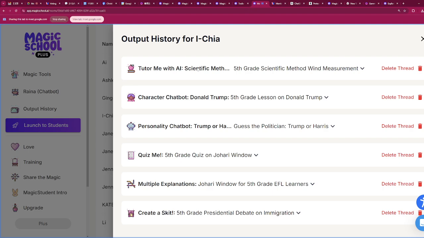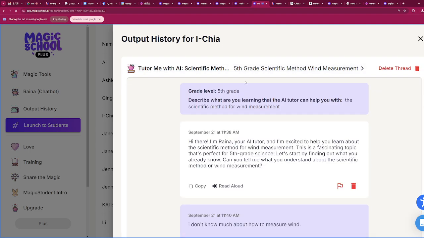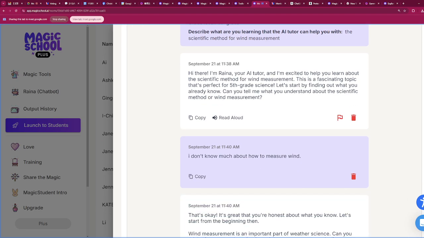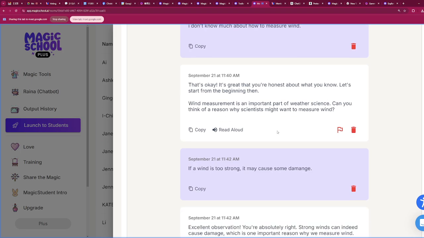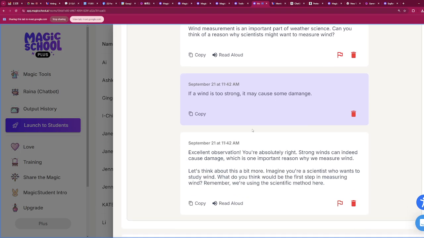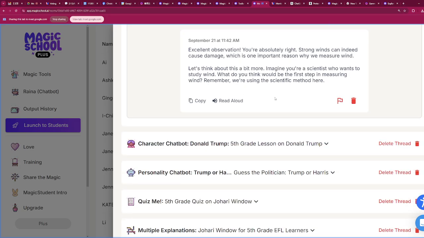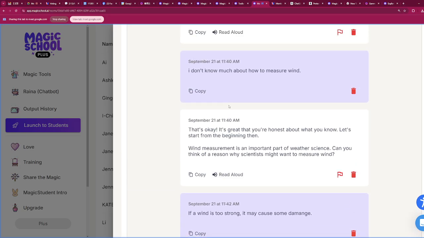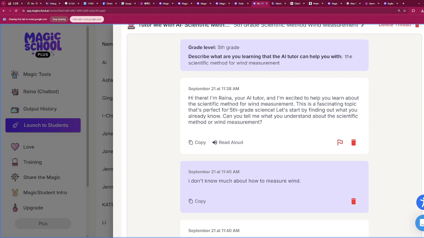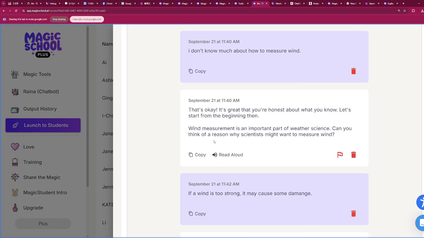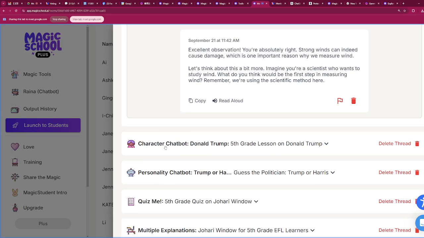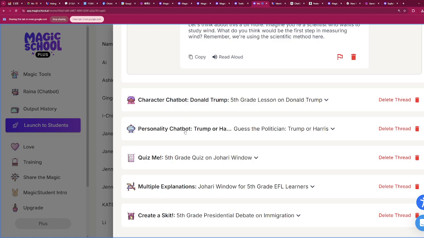Okay, so tutor me with science AI, and each says, I don't know about how to measure wind, and that's okay. You're honest about it. If the wind is too strong, it may cause some damage, and this is how far this is the interaction that was by Icha. Okay. Also, Icha has also tried out these many different tools.